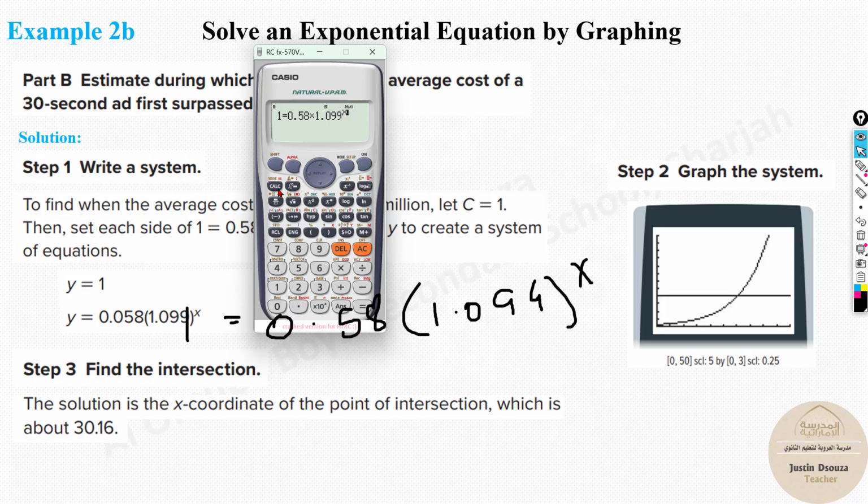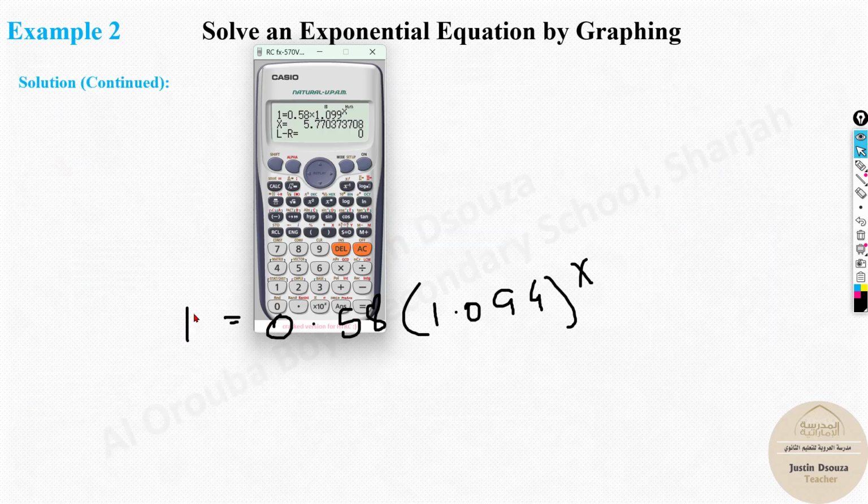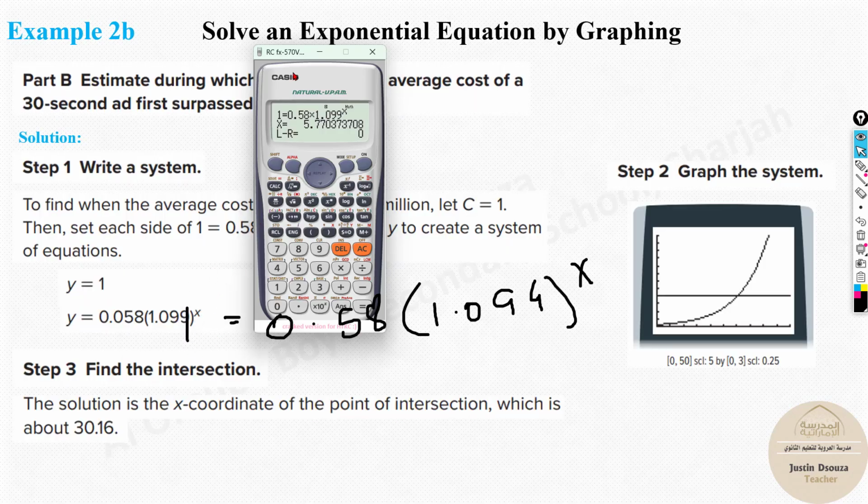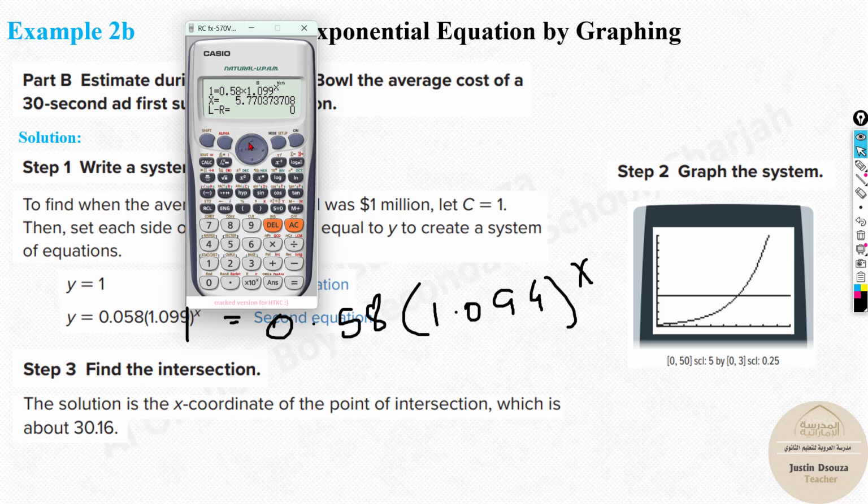This is the unknown Super Bowl. So the answer is 5.7. Okay, what am I doing wrong? So okay, I can see my error now. I have not put a zero. This is not 0.5, it's 0.05.